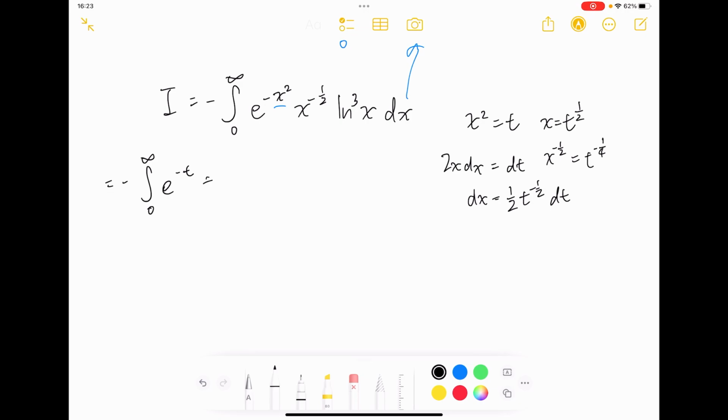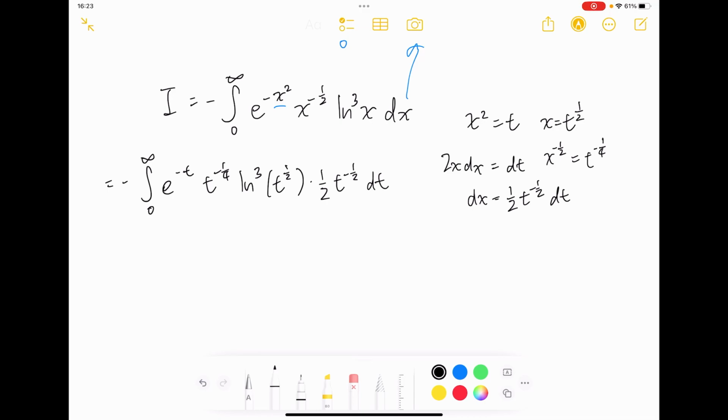So t to the minus 1/4 times natural log cubed of t to the half, there we go, times dx, which is a half t to the negative a half dt.